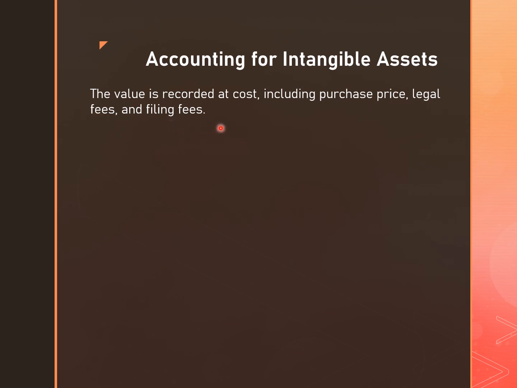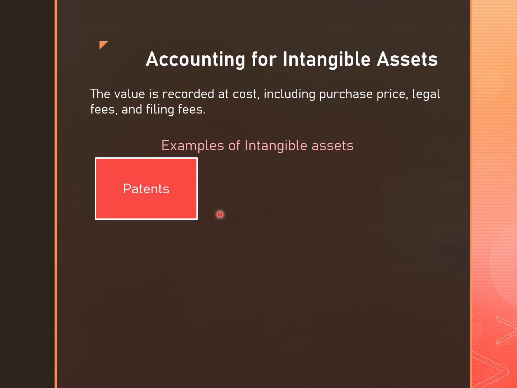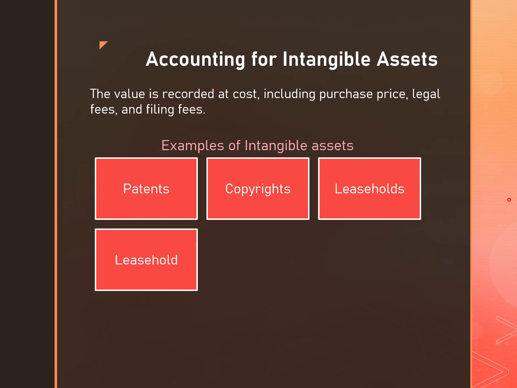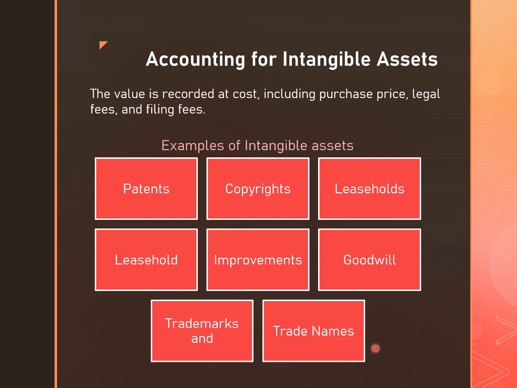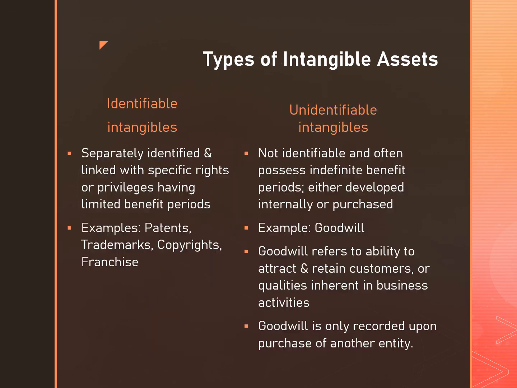So, examples of intangible assets are patents, copyrights, leasehold improvements, goodwill, trademarks, and trade names. Types of intangible assets: we have identifiable and also unidentifiable.